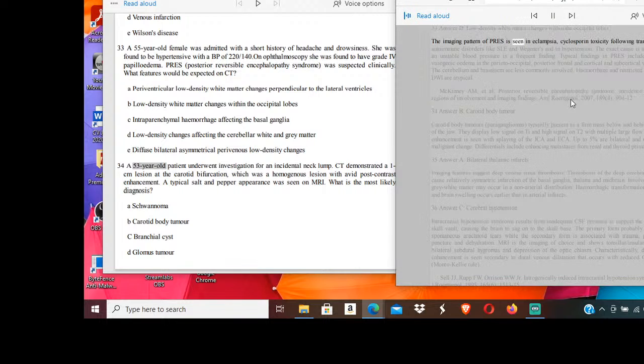The imaging pattern of PRES is seen in eclampsia, cyclosporin toxicity following transplantation, autoimmune disorders like SLE and Wegener's, and in hypertension.